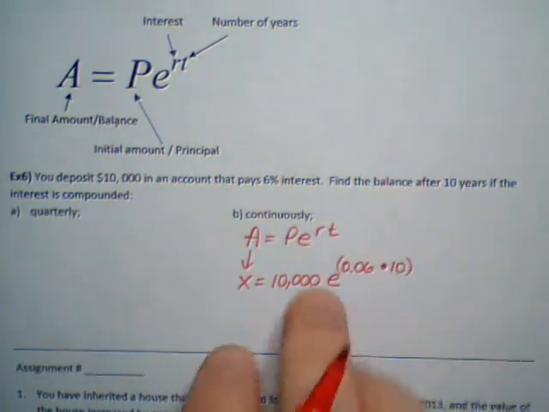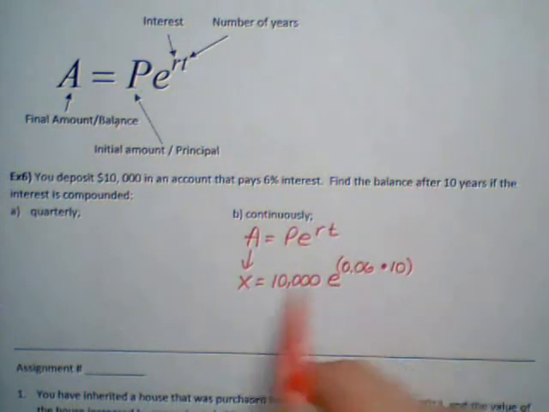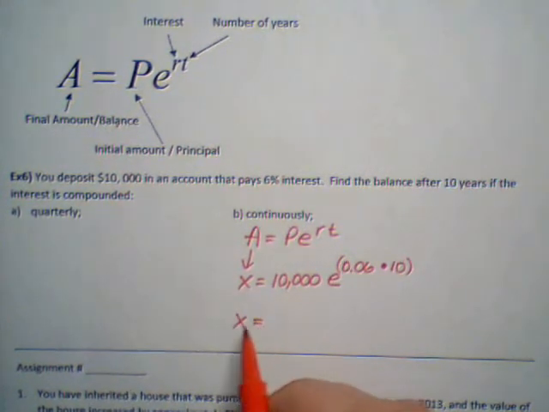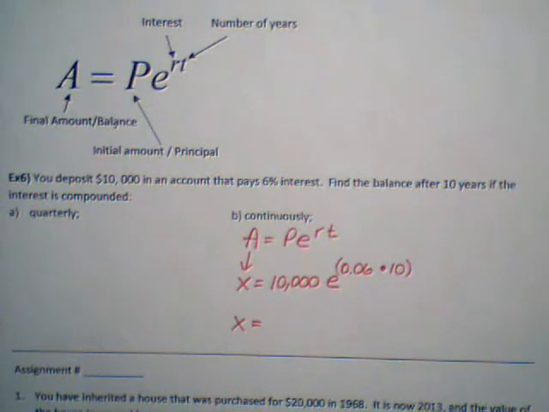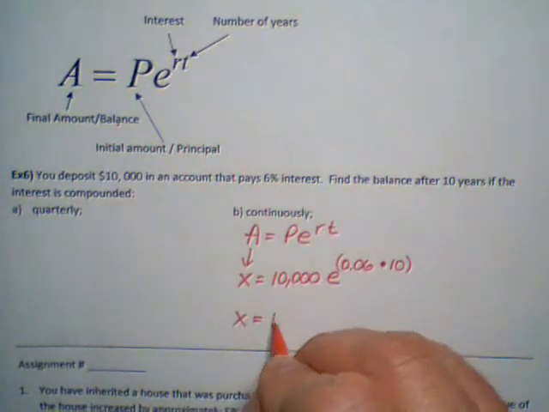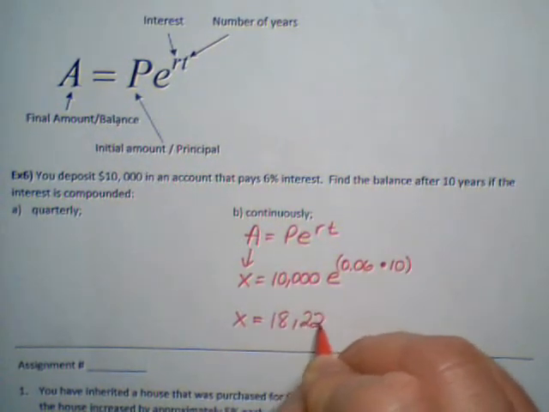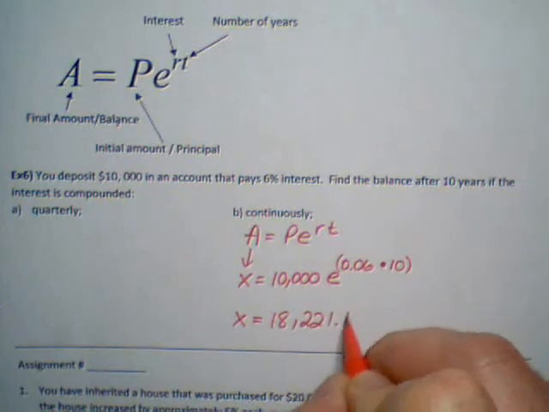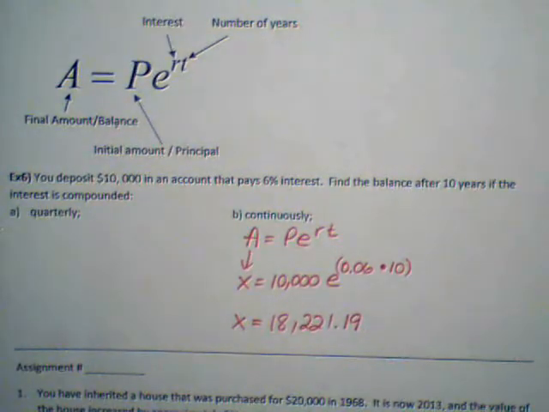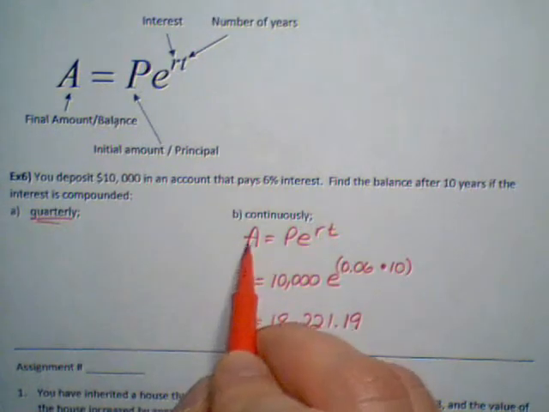Make sure you put parentheses here when you enter the calculator. Okay, and if you punch that in the calculator, you should get $18,221.19.